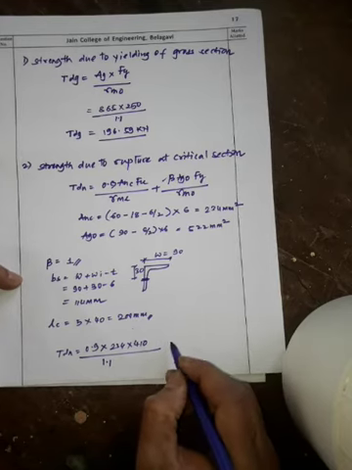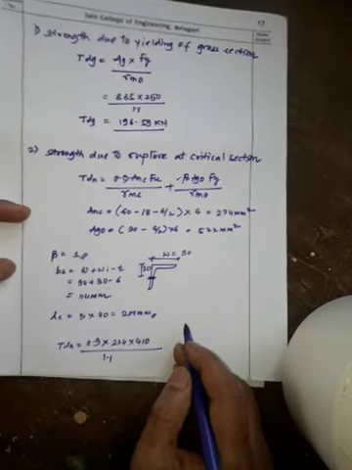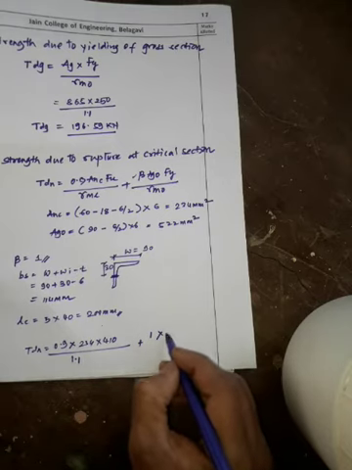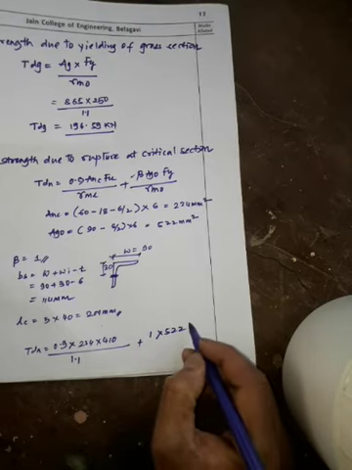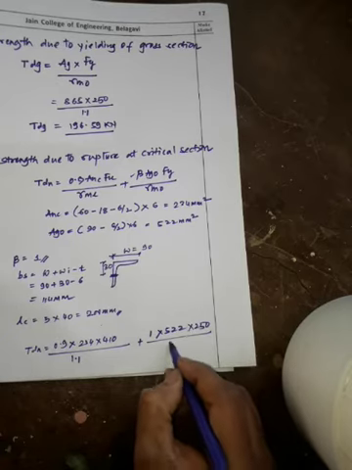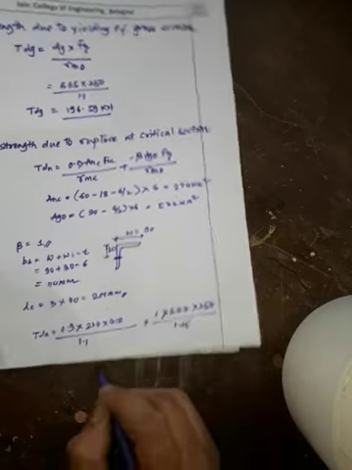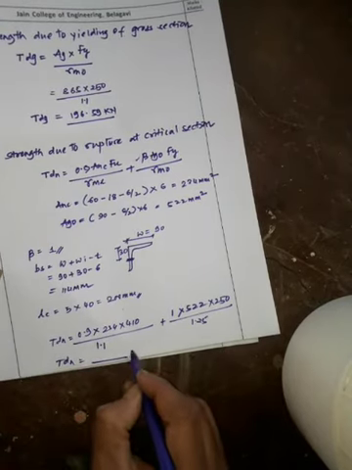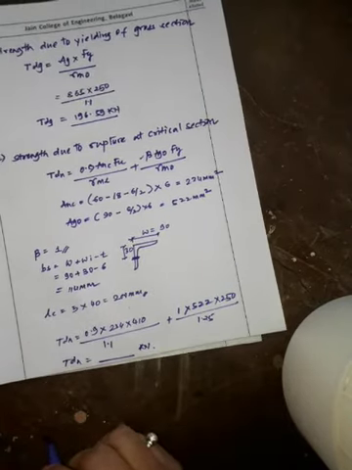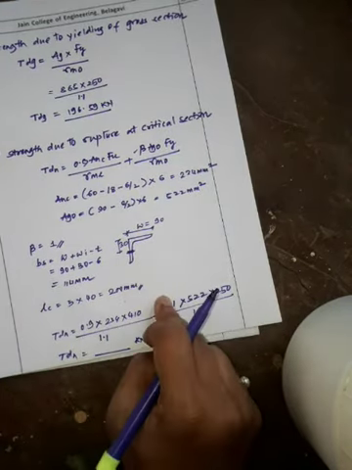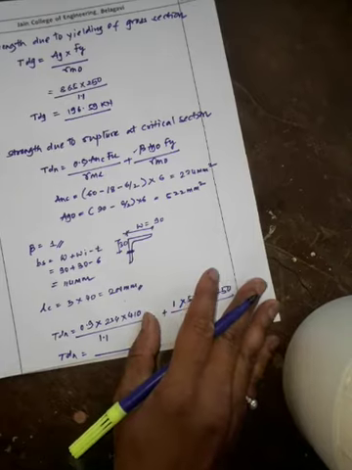Then plus beta, which is 1, into AGO, the outstanding leg, that is 522, into Fy which is 250, divided by gamma m0 which is 1.25. After that you have to find out the value. Please calculate and check. The procedure you have to follow is like this, and once again you calculate and check.